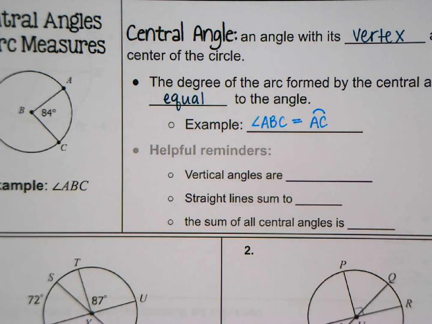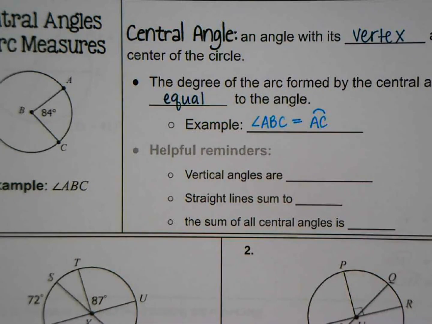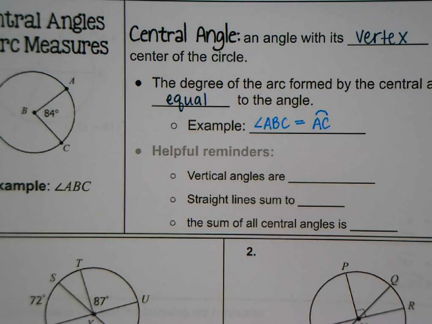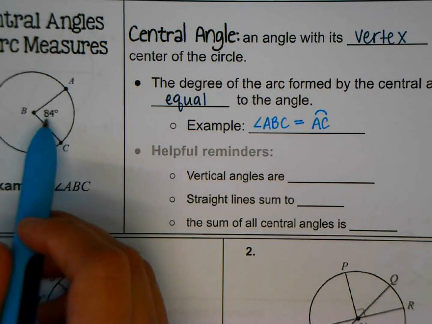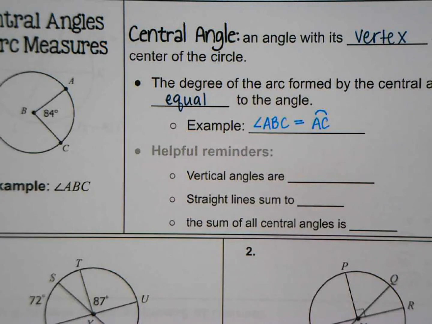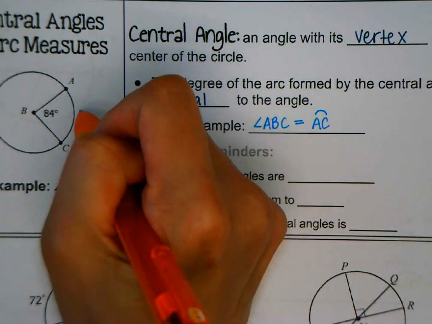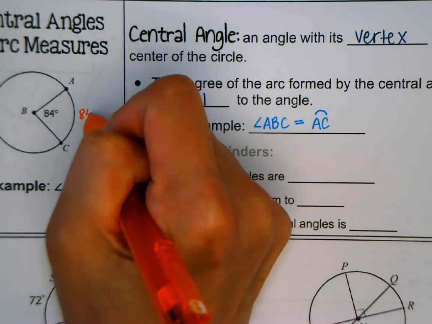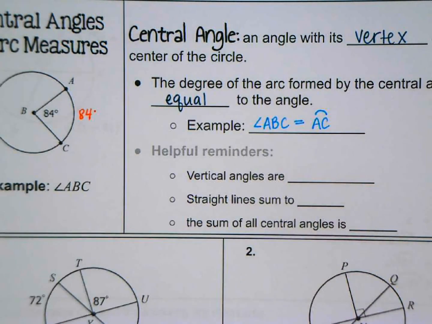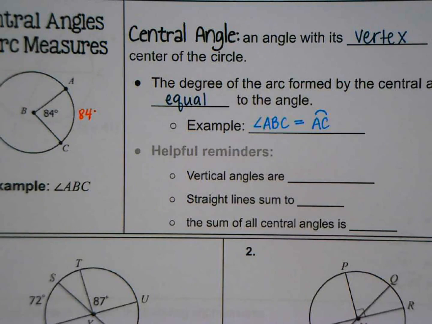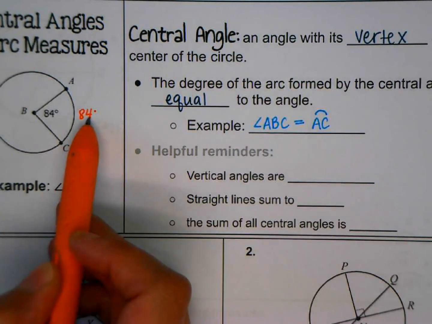They are going to have the same measure. So we have 84 degrees for angle ABC. That means arc AC is also going to be 84 degrees. So 84, 84.